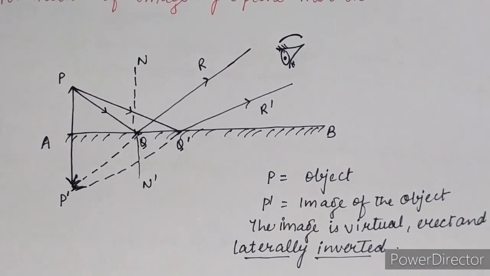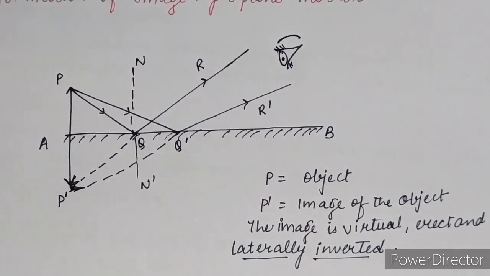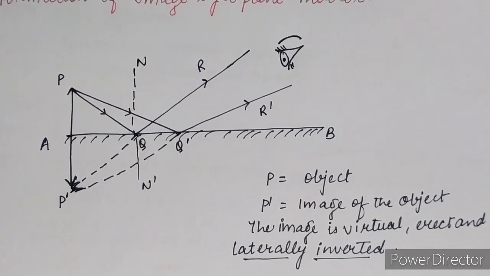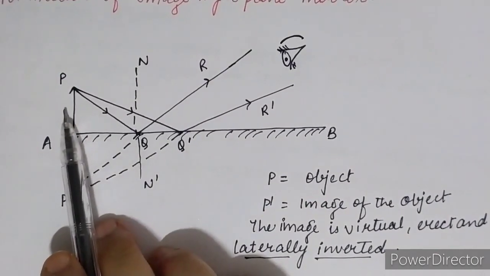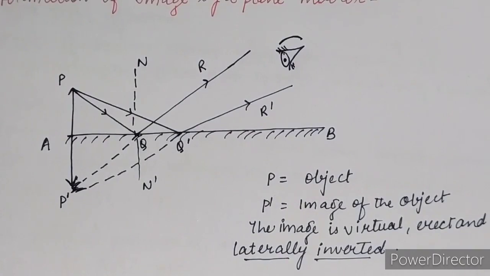Okay, so the theory of this you have to write on your own. I hope you are able to understand the concept of it. In this, you have to remember that the size of the object and the size of the image formed by the plane mirror are equal, the same.